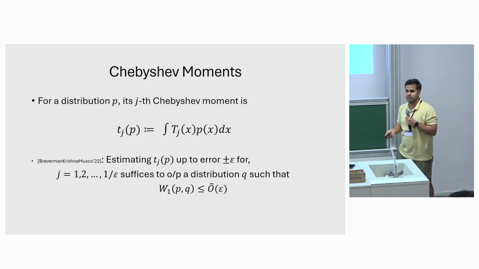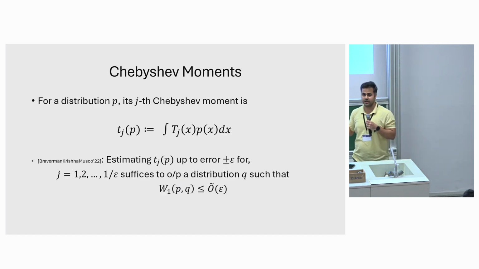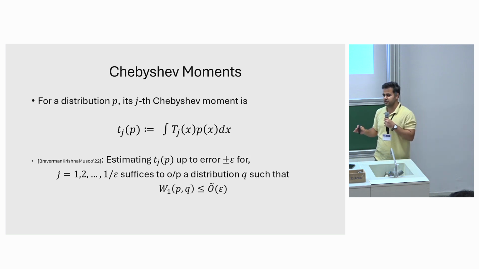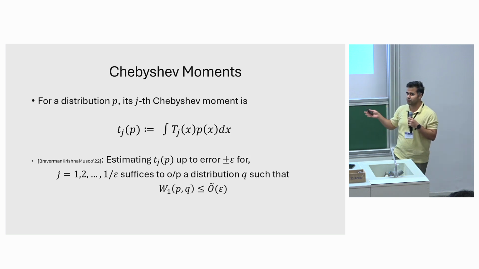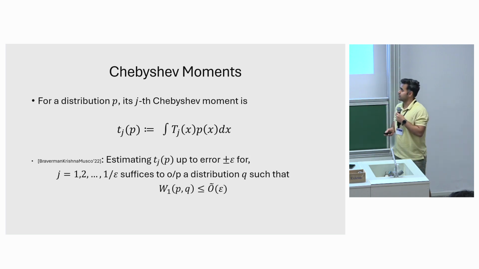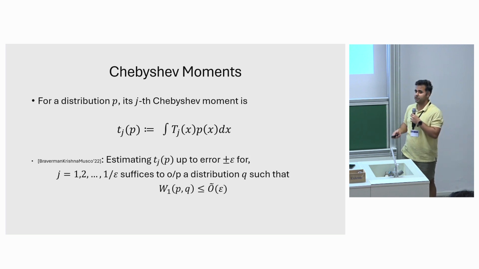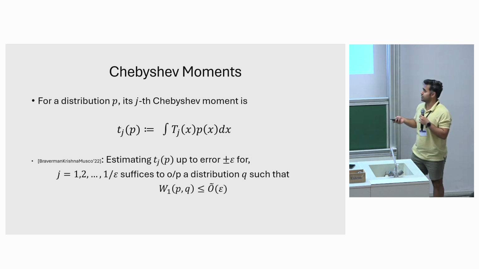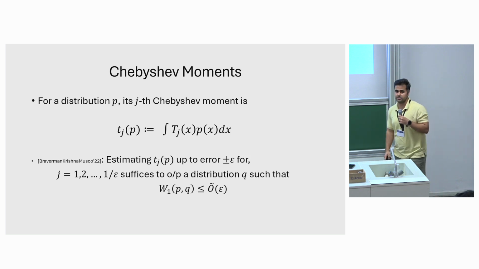Formally, the jth Chebyshev moment is denoted by Tj of P. It's just the integral of the jth Chebyshev polynomial times P of x dx. At this point, I want to note that for most applications, it is as easy to estimate the Chebyshev moment of a distribution as it is to estimate the monomial moments. Braverman, Krishnan, and Musco showed that if you estimate the jth Chebyshev moment to additive error plus or minus epsilon for the first 1 over epsilon moments, then that suffices to output a distribution Q which is close to P in Wasserstein distance.